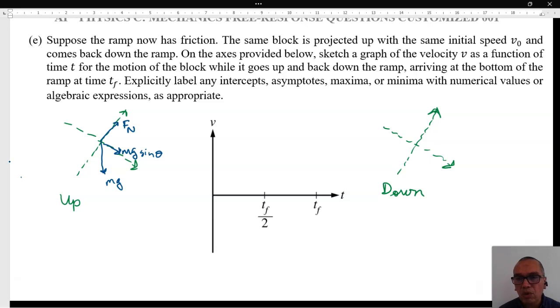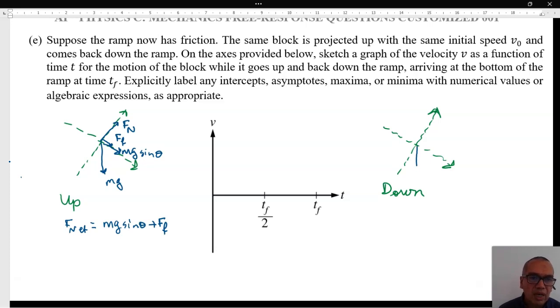And when the block is moving up, the friction force is going down the ramp against the motion. So in that case, the net force is the sum of the x component of the weight and the friction force. But what happens when the block is moving down?